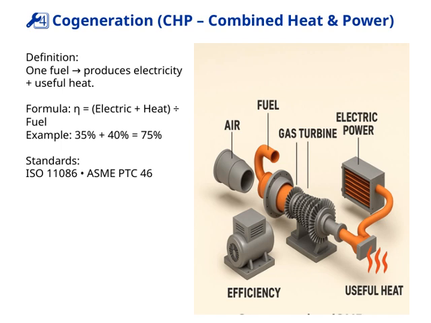It's also important to mention that there are standards guiding cogeneration systems, such as ISO 11086 and ASME PTC 46. These standards ensure that systems are designed, operated, and evaluated consistently for safety, reliability, and performance. Overall, cogeneration is a key technology in our journey toward more sustainable and efficient energy systems, aligning perfectly with our theme of optimizing energy use and reducing waste.